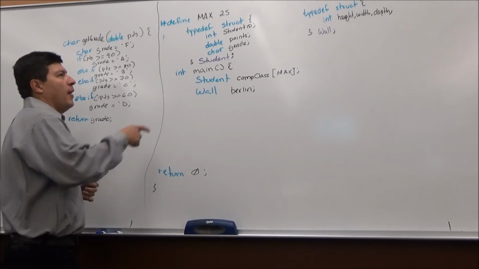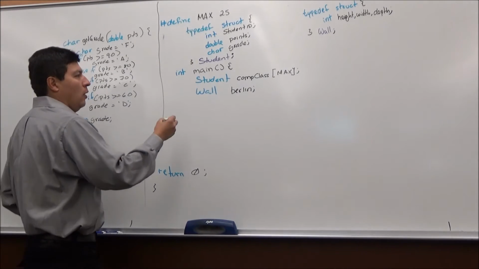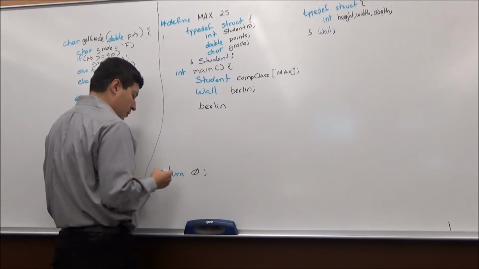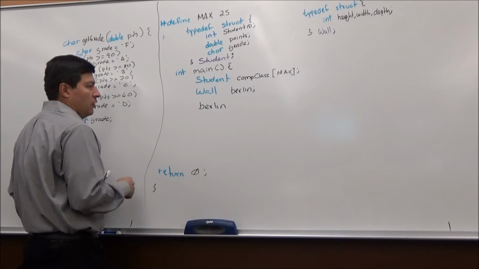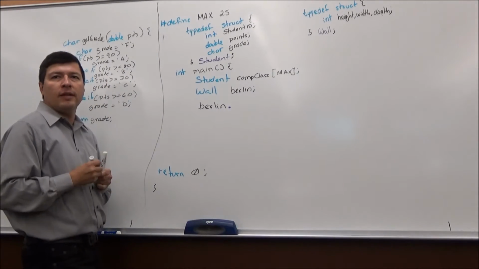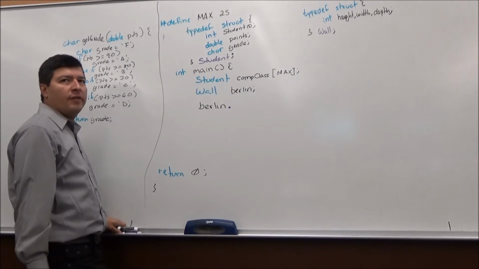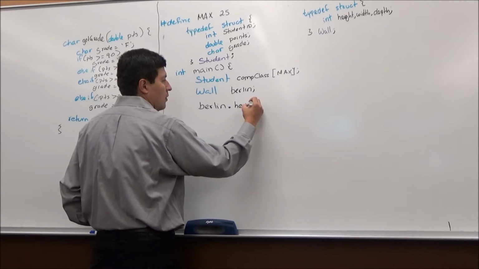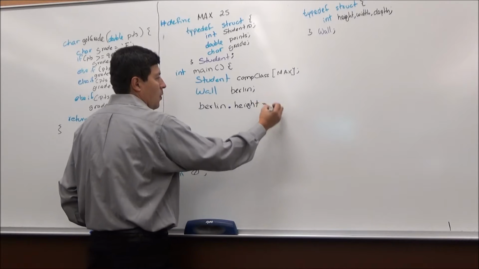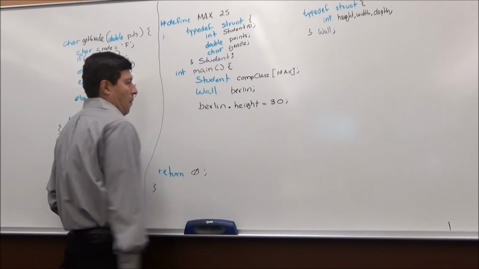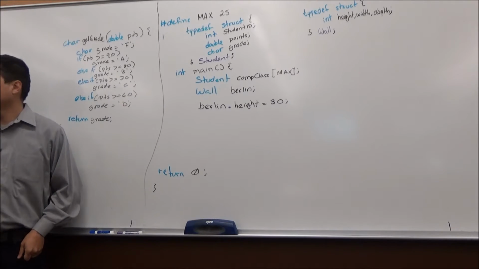So if I want to define the height of the Berlin Wall, I can say Berlin, and I use this dot notation, so I have to use a dot. And then I can access any of the attributes I defined. So I can say height. What was the height of the Berlin Wall? I don't know, 30 feet. Just making that up.